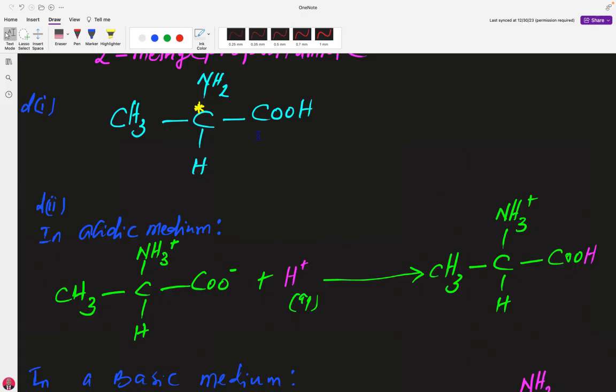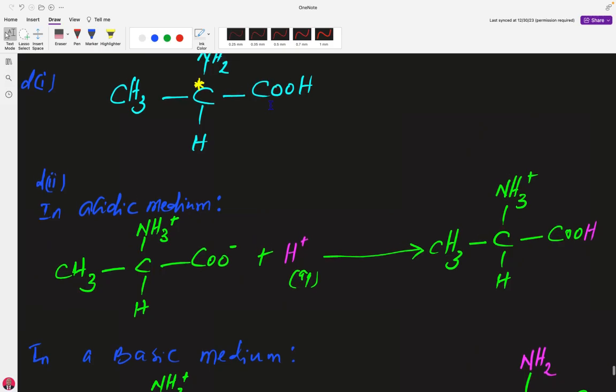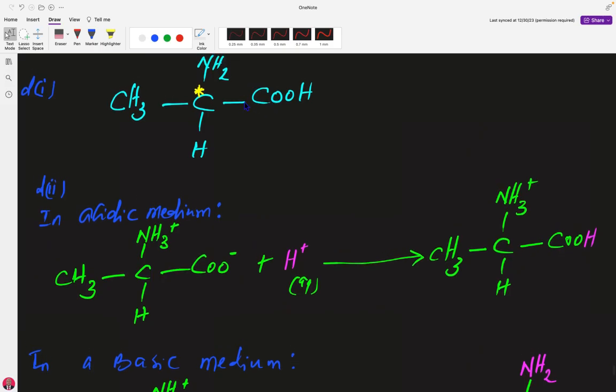In this structure, this is an amino acid. They call it an amino acid because this is the carboxylic acid group, and there is an amino group there. Because it has an acid and a basic group, this is acting as a base, and this is also acting as an acid. So they interact between themselves.